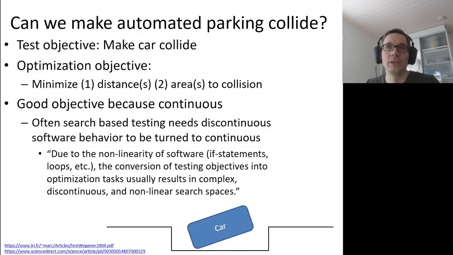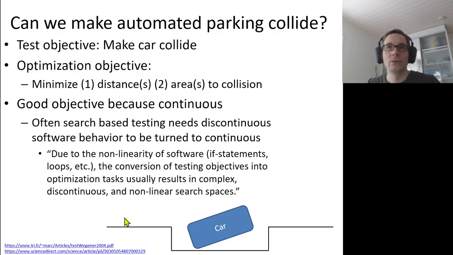Okay, so the optimization objective in this case has been to minimize the distances that the car has to the curb or to the area where it cannot park, and also to minimize the different areas to the collision that the car can have.